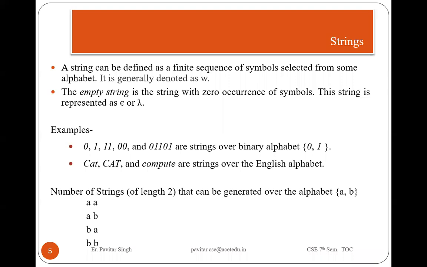So after alphabets, we have the second definition, that is strings. A string can be defined as a finite sequence of symbols selected from some alphabet. You have to choose these alphabets to make your strings. Alphabets are represented with sigma; similarly, a string is denoted with the help of w.